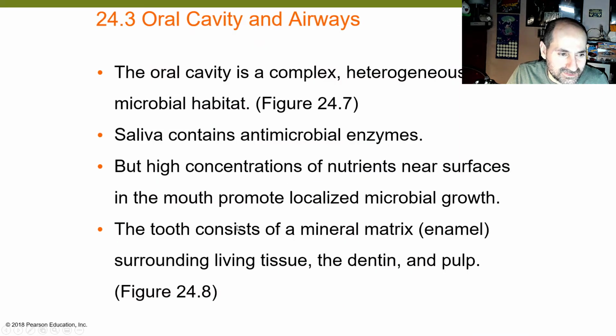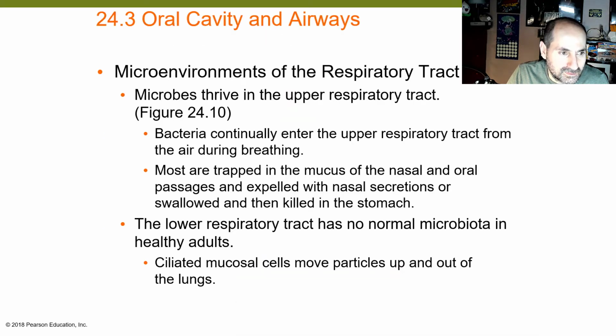Let's see what else. Please know about the respiratory tract, the upper respiratory tract, and what kinds of microorganisms you find there. By that I mean that bacteria are continually entering the upper respiratory tract from the air.